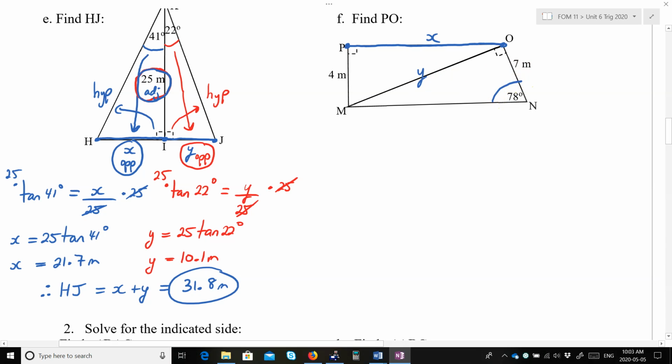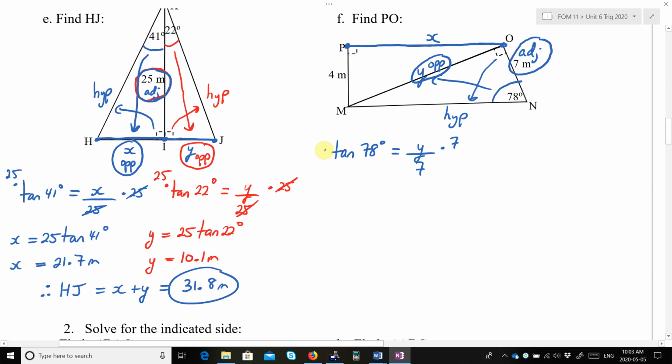In the first triangle, there's the angle, across is the opposite, across from the 90 is the hypotenuse, leaving this one to be the adjacent. We are looking for opposite and we have adjacent, so that's tan again. Tan of 78 degrees is equal to y over 7.